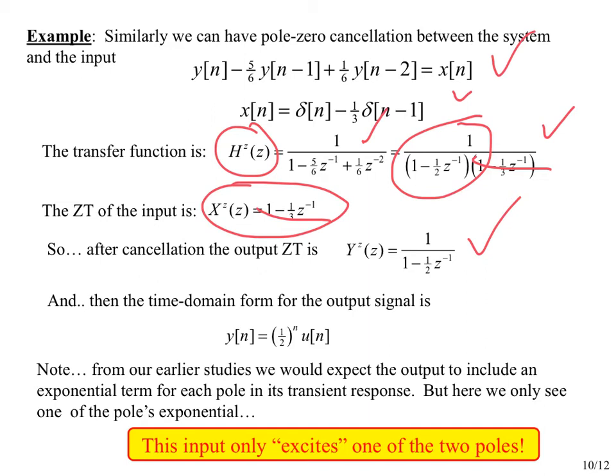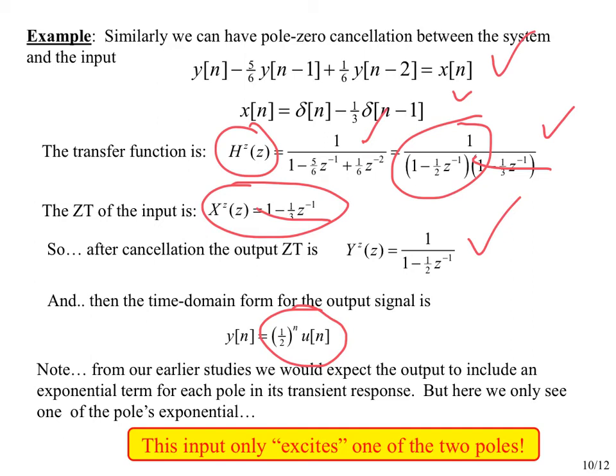And so the time domain form for the output, if we do the inverse Z transform of this, we get just one mode that's happening here. We would expect there to be two different modes happening. The modes are each of the poles being raised to a power of n. So we see the response due to one pole, but not the other pole.